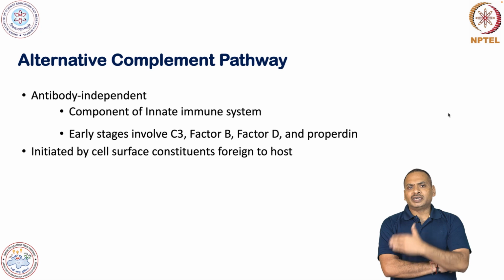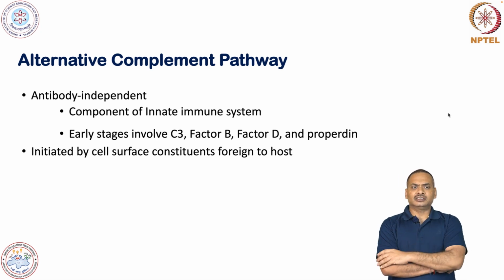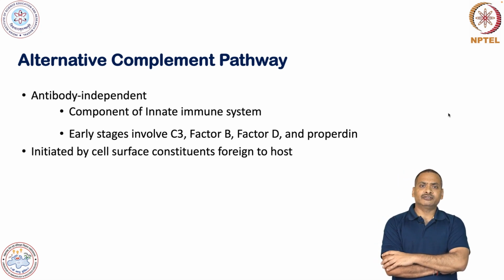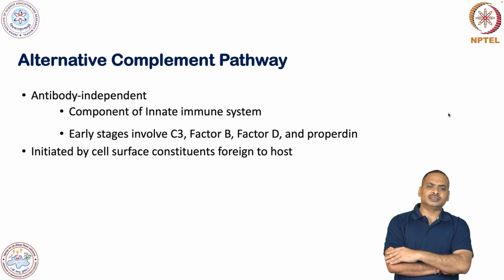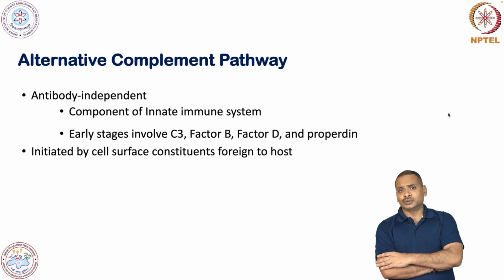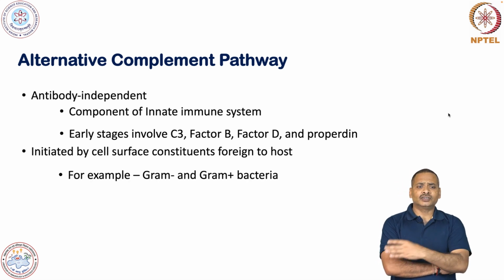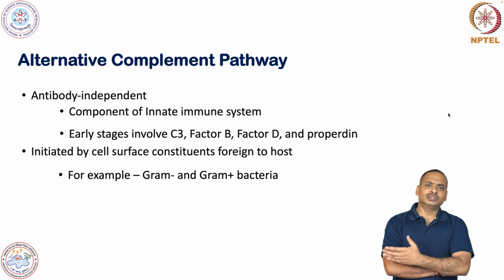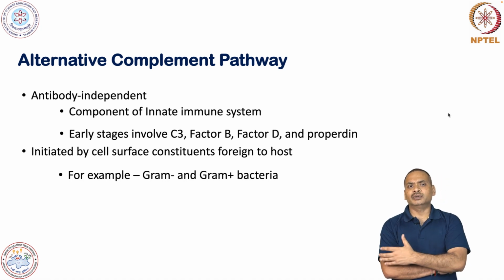There are several factors which initiate this alternative complement pathway, and most of these factors are basically foreign to the host. For example, there are gram positive bacteria and gram negative bacteria.